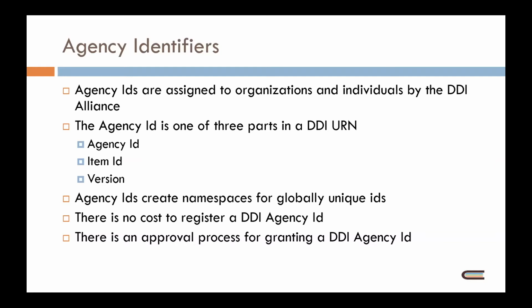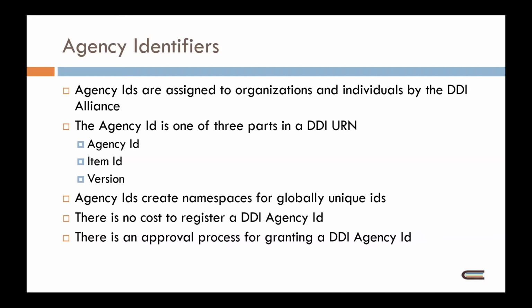You can apply to have an agency identifier assigned to you, and then that will be approved by the DDI Alliance, and the agency ID that you requested will be given to you to use for all of your DDI metadata creation. So that's what an agency identifier is used for.